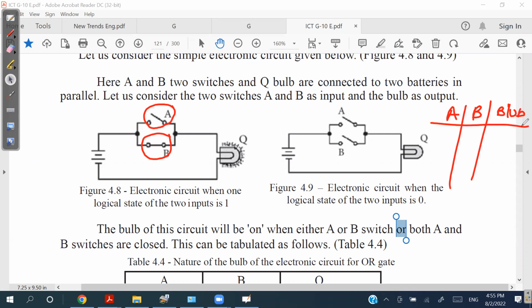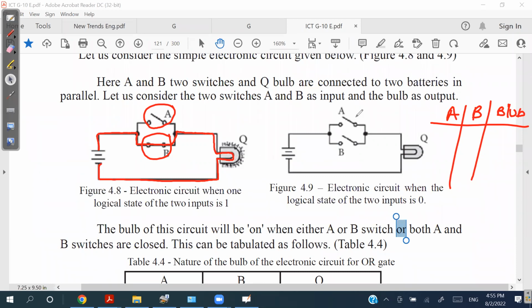When it comes to this circuit, if any one of these switches is closed, then the circuit is complete, right? So in this picture, you can see the circuit is complete, so the electricity flows through the bulb and it lights up.